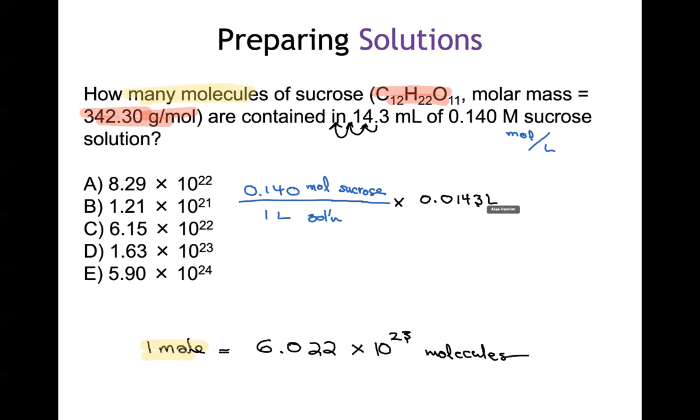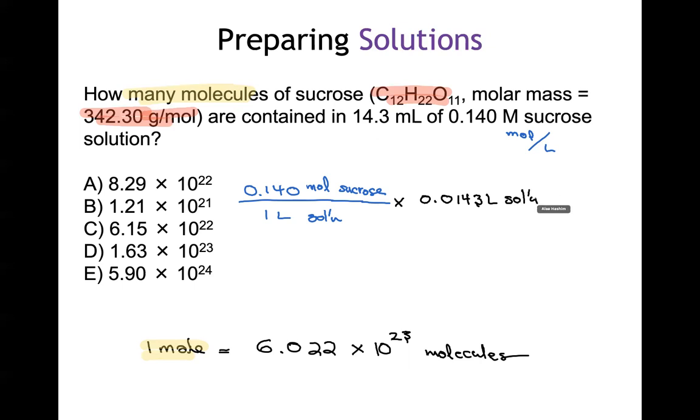Again, to convert into milliliters, think of it, you're multiplying by 1,000. So 0.0143 liters of solution.